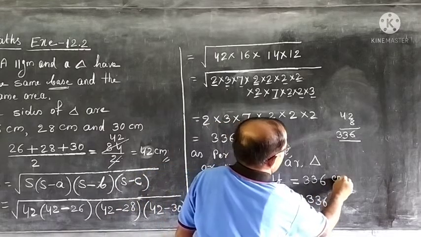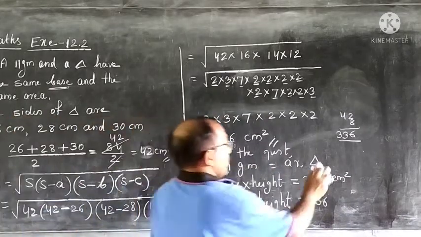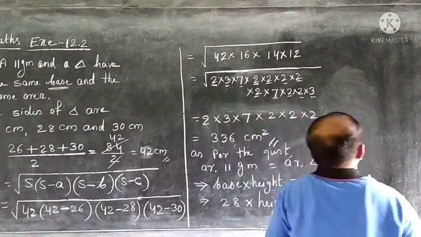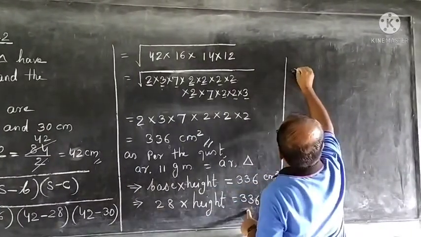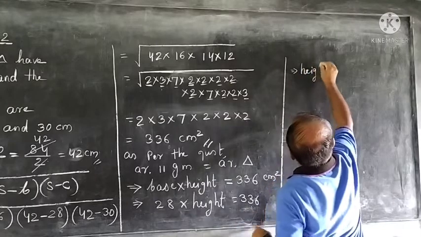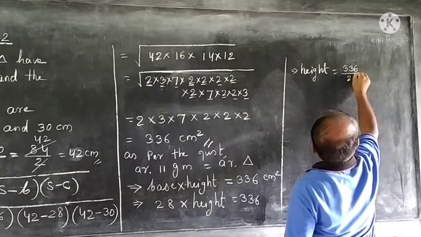Height we will find, and that is equal to 336 centimeter square. Now the height of the parallelogram we are going to get: this 28 will come to the right-hand side. So the height of the parallelogram will be 336 by 28.